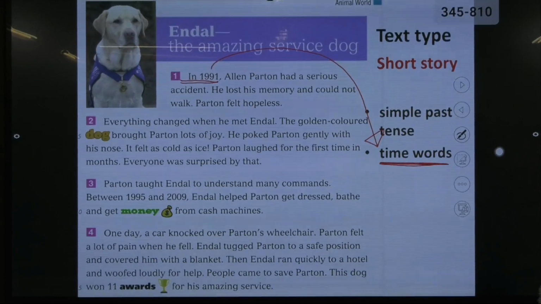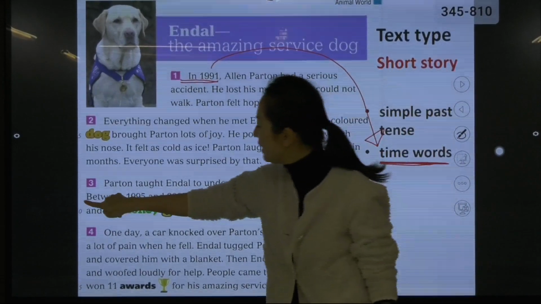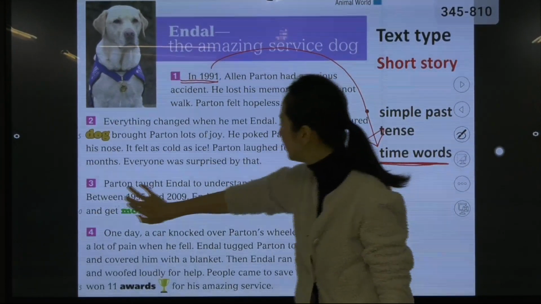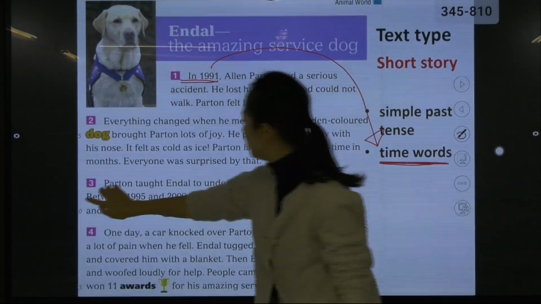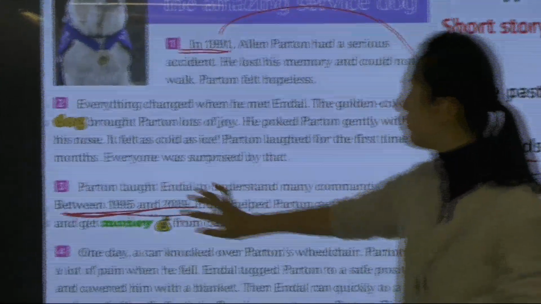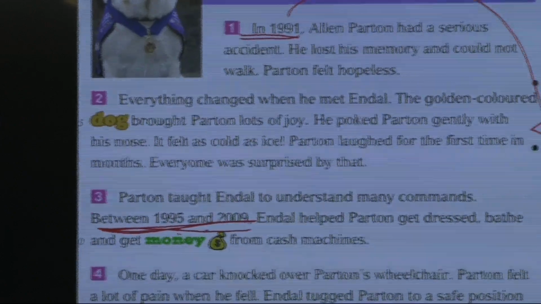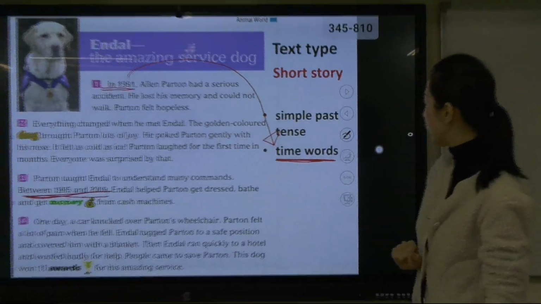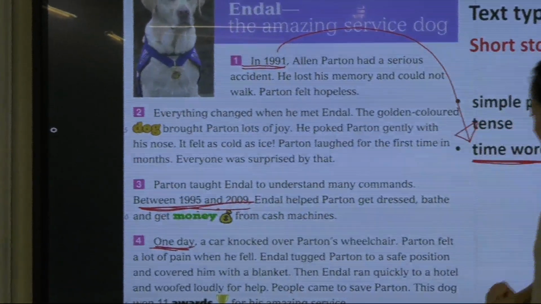Okay, let's go through together, okay? So, very clearly, between 1995 and 2009, this one is also a time word, and also one day, okay, time words.